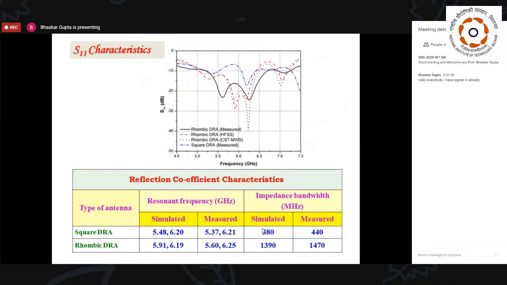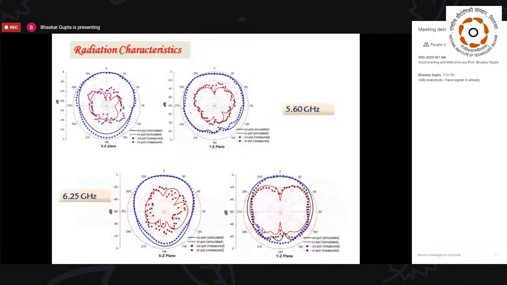You see, whereas the square antenna, in terms of the measured figure I'm saying, was providing us a 10 dB bandwidth of 440 megahertz only, it increased more than three folds to 1470 megahertz, almost 1.5 gigahertz, as is shown by the plot also. Was it radiating properly? Yes, it did.